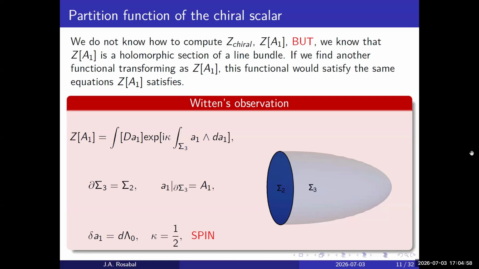And this is unusual for Chern-Simons because Chern-Simons needs an integer here, not a half integer. But in this case, this can be solved just by postulating that this manifold has to be a spin manifold. If you say that, this is not a problem for the theory. So by computing this partition function, you can compute the partition function of the chiral theory.